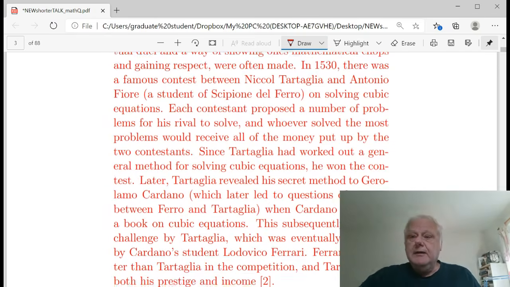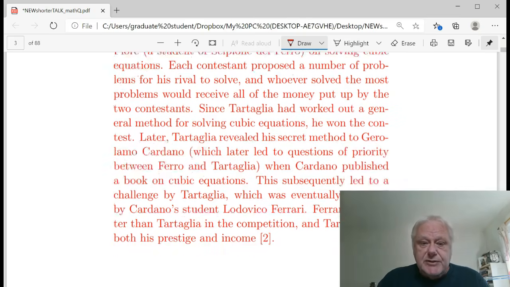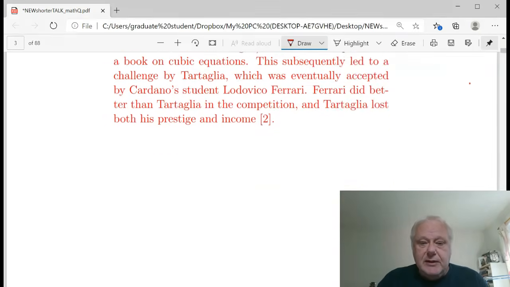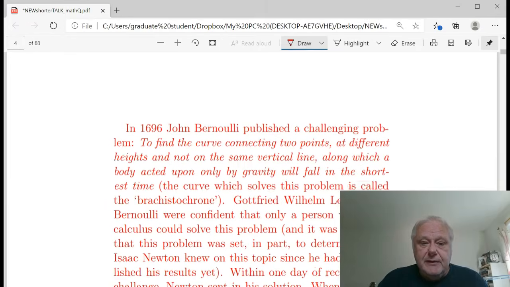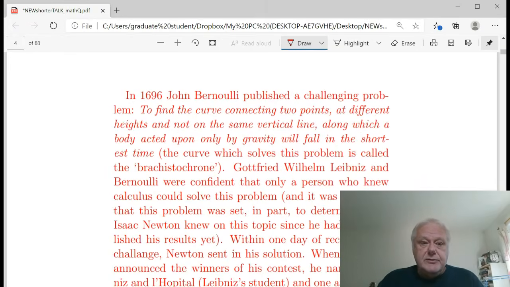problems in solving cubic equations, which is the problem that's outlined here. Let me just go to the second problem just to give you an idea of the type of historical context. So the famous mathematician John Bernoulli published a problem, and the problem was this.